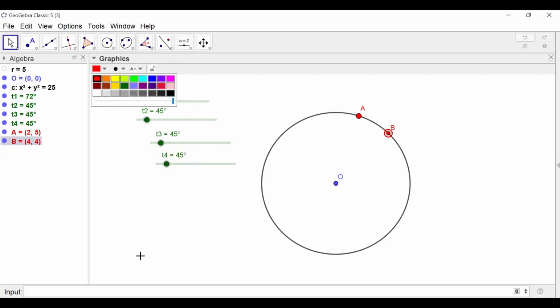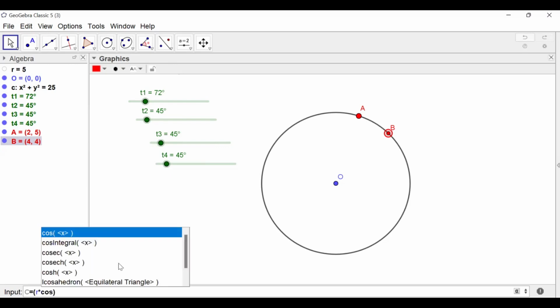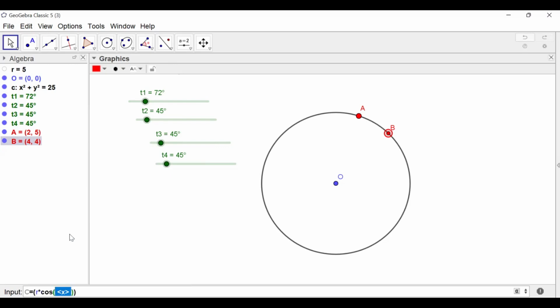Oh, beautiful. So let's take point C. Point C will give us, let's open a bracket, and we have R multiplied by cos T3.